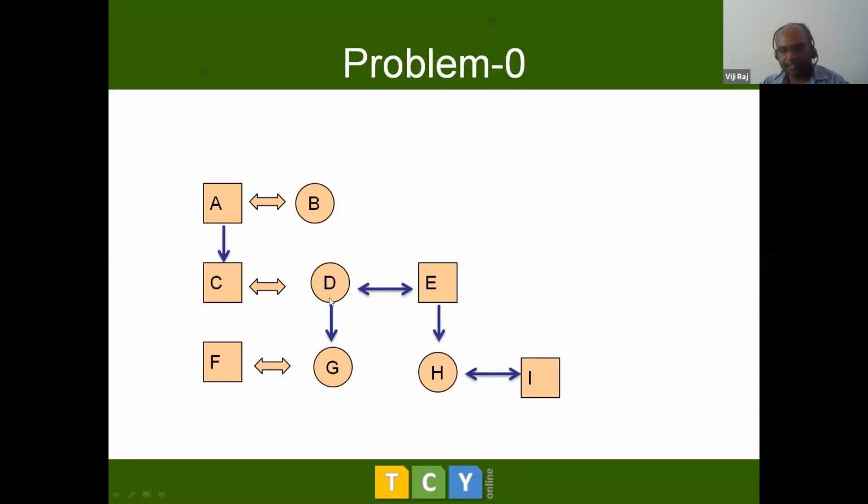So D is the mother of G and C is the husband of D, which means C is the father of G, right? So it is not an uncle-niece relationship, rather G is the daughter of C and C is the father of G. Got it?